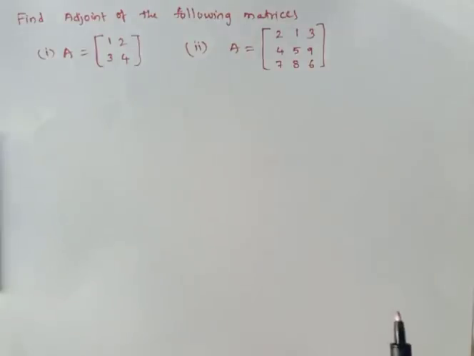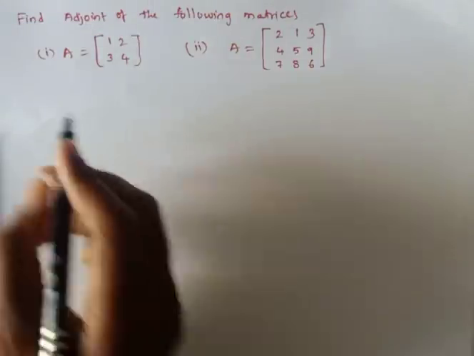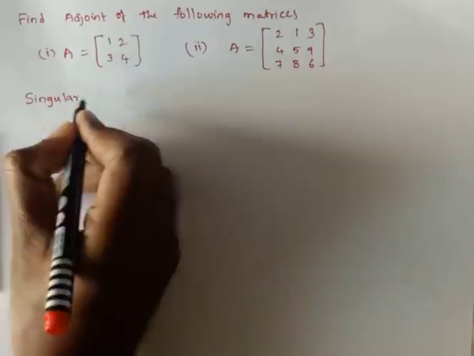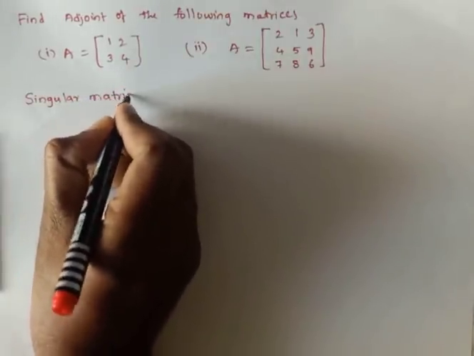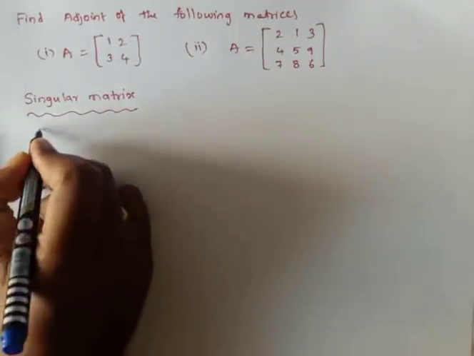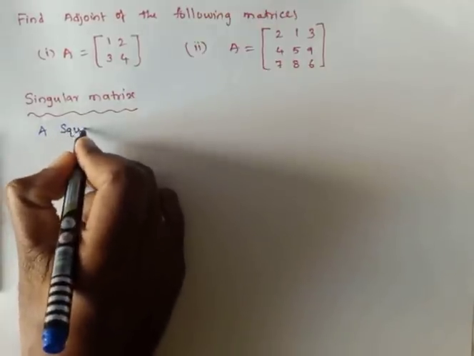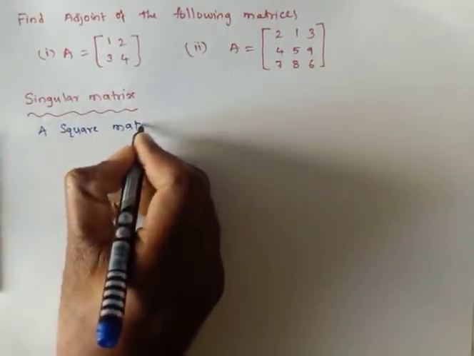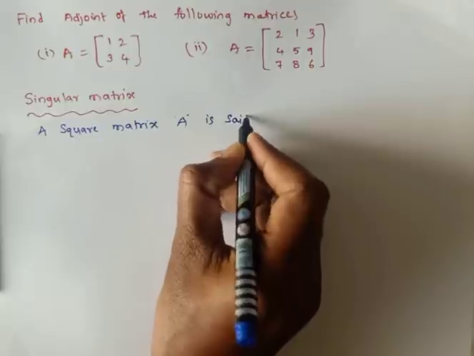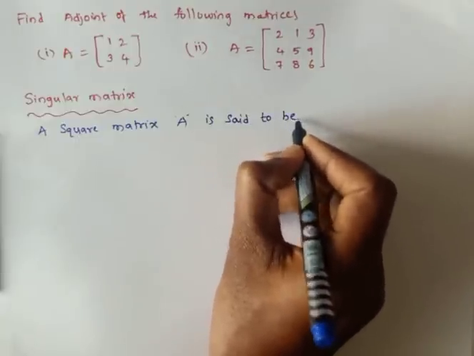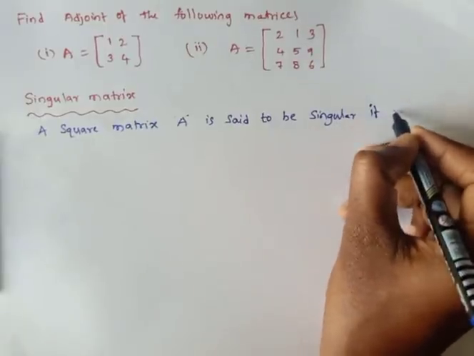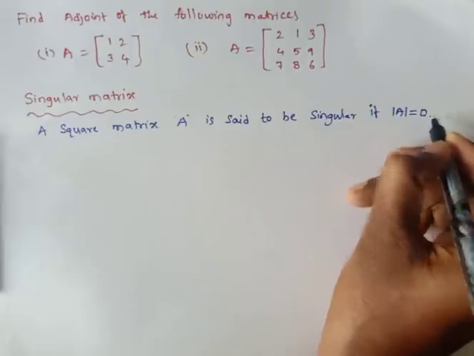The next topic is singular and non-singular matrices. So you need to define what a singular matrix is. A square matrix A is said to be singular if the determinant of that matrix is equal to 0.